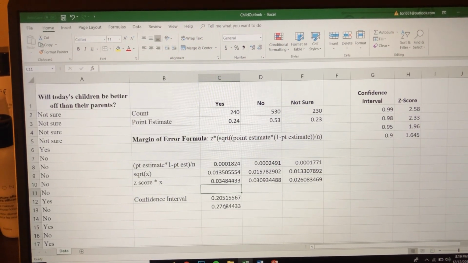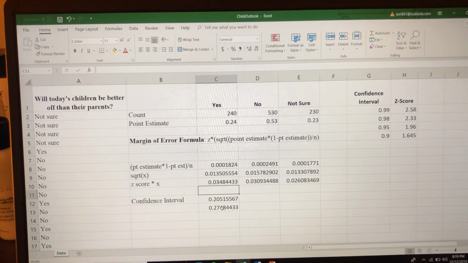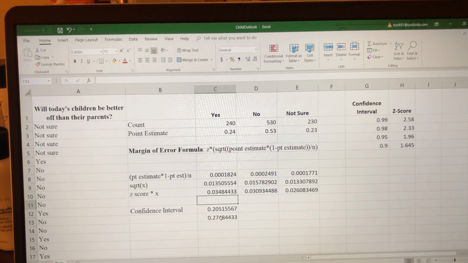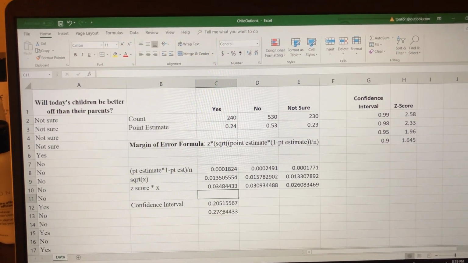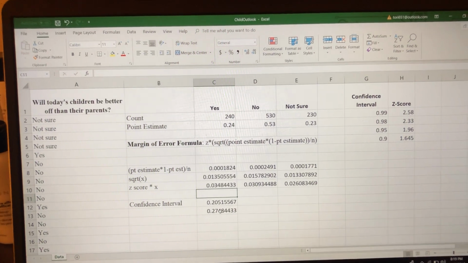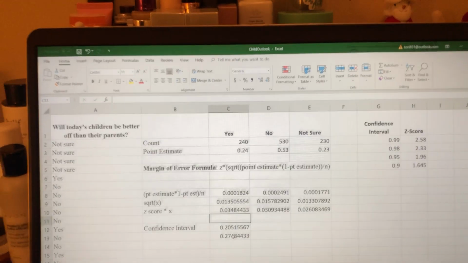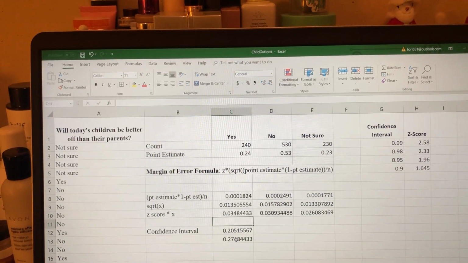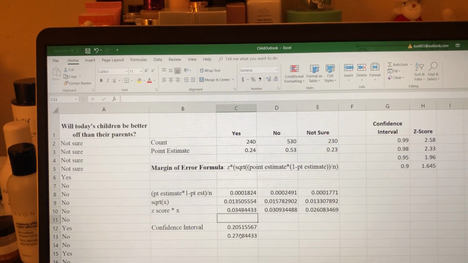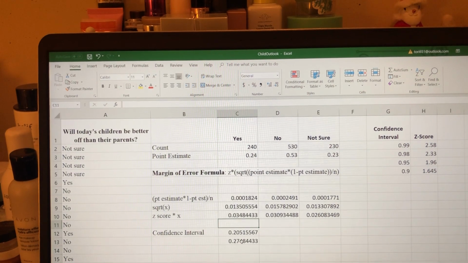I hope this helped. This is for figuring out margin of error in sample proportion problems from chapter 6.